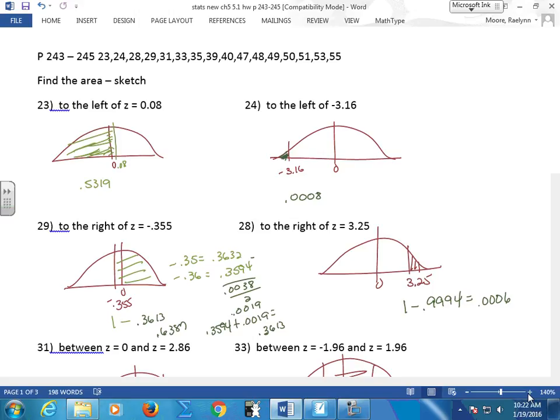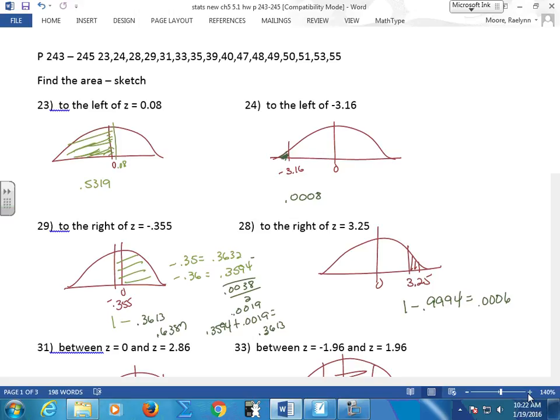Whenever we see something that says to the right, do we always do 1 minus? Your sketch also helps you, because I'm covering more than 50% of my graph, more than the halfway mark. When I look this up, it is less than 50%, so I know automatically I have to subtract from 1.